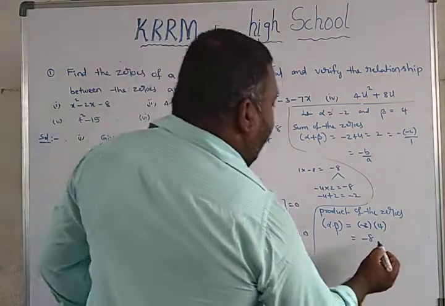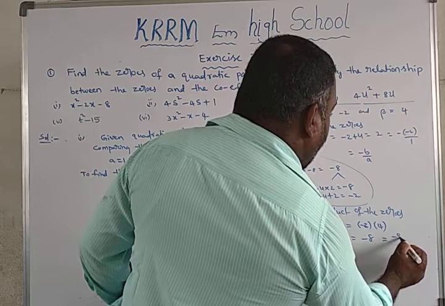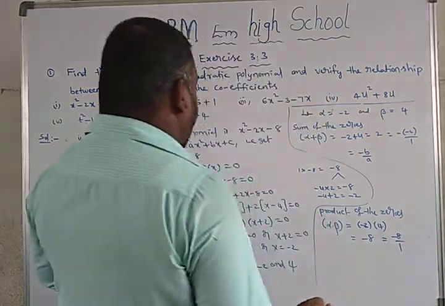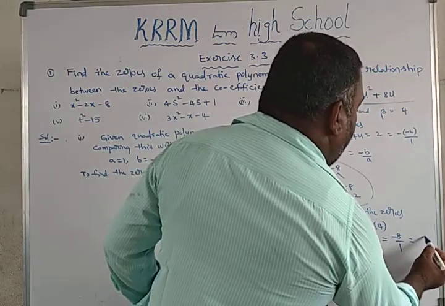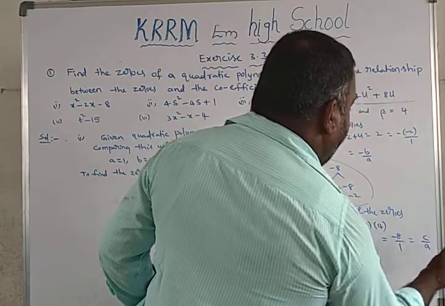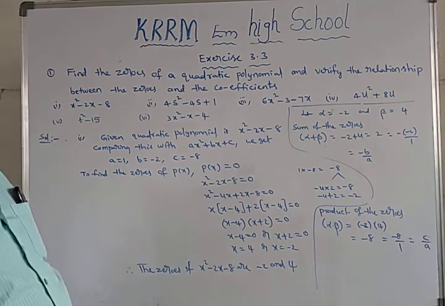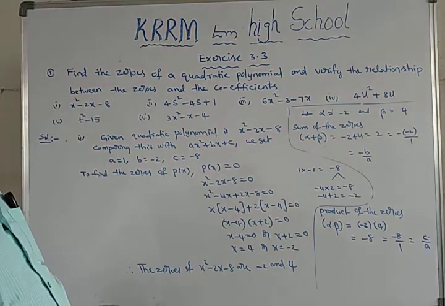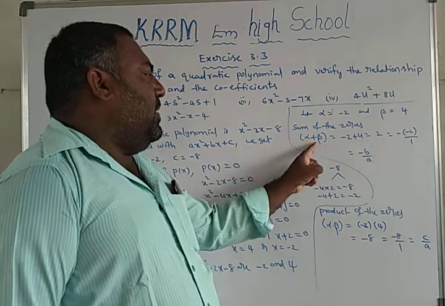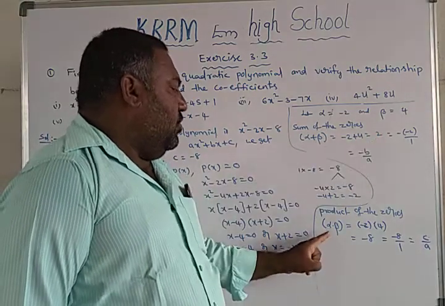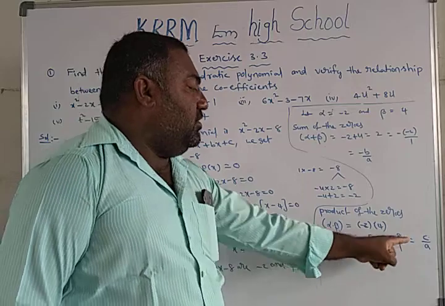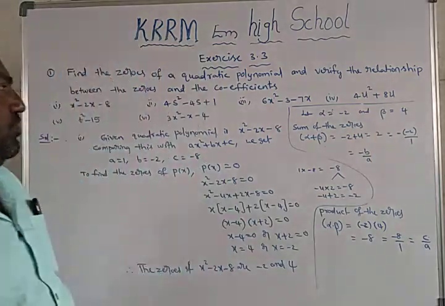This can be written as minus 8 upon 1, which is c upon a. So this is the relationship between zeros and coefficients. The sum of the zeros, alpha plus beta, is equal to minus b by a, and the product of the zeros, alpha into beta, is equal to c by a.